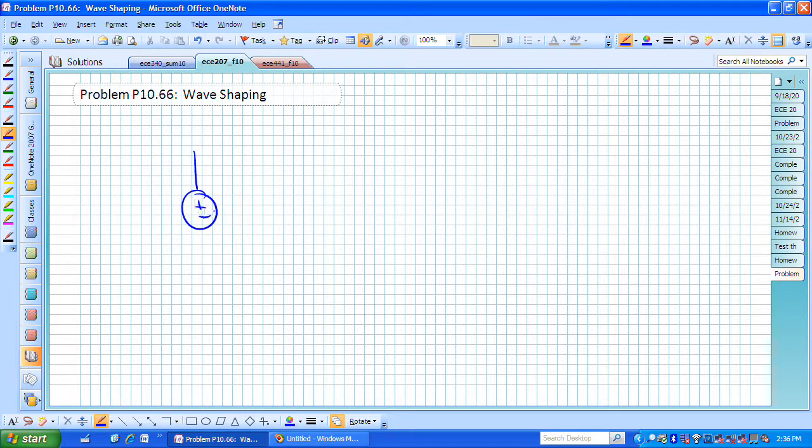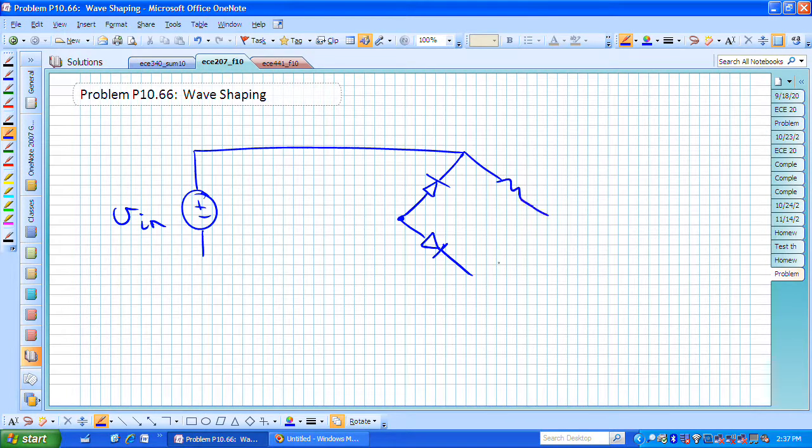We have a circuit that involves a constant input voltage Vn, but we're looking at that particular input voltage at different possible values. It might be at -2. We want to know, what's the output voltage going to look like if the input voltage is a constant -2?